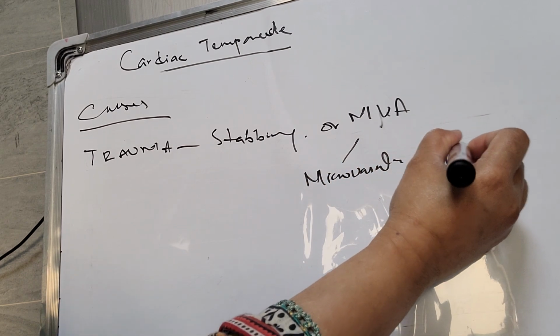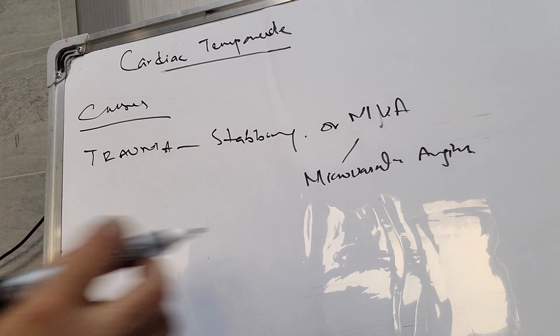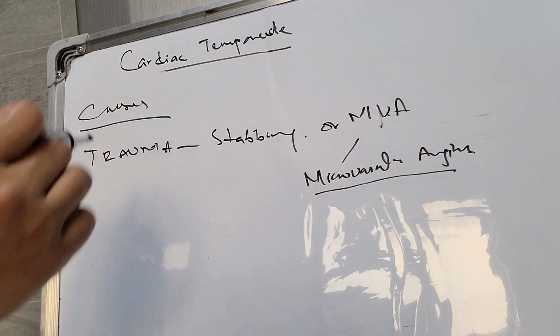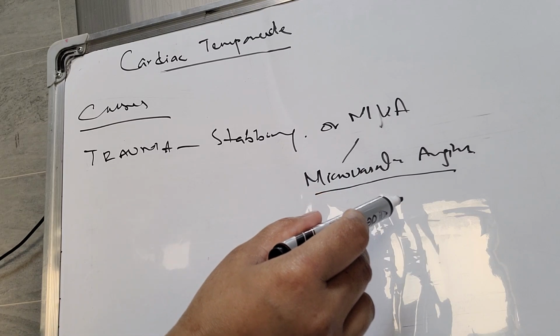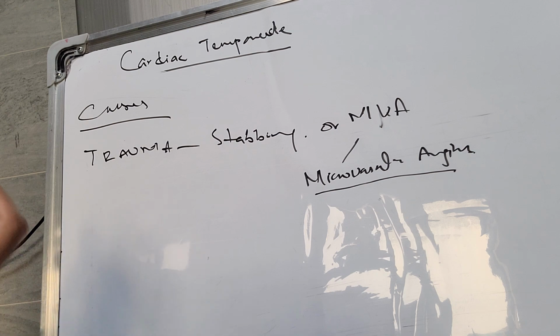Microvascular angina is a type of angina caused when the small blood vessels of the heart, see micro, the small blood vessels of the heart, microvessels, do not work properly. The microvessels are important as they supply most of the blood to the whole of the heart muscles. Okay, so microvascular angina is also a cause of cardiac tamponade. What is microvascular angina? When the small blood vessels of the heart do not work properly, it can happen.